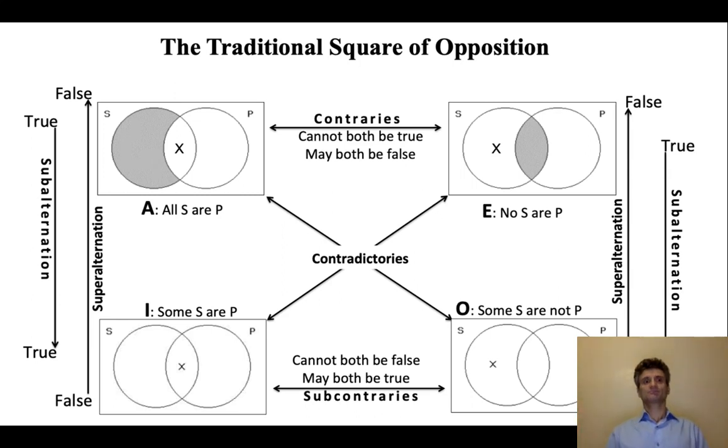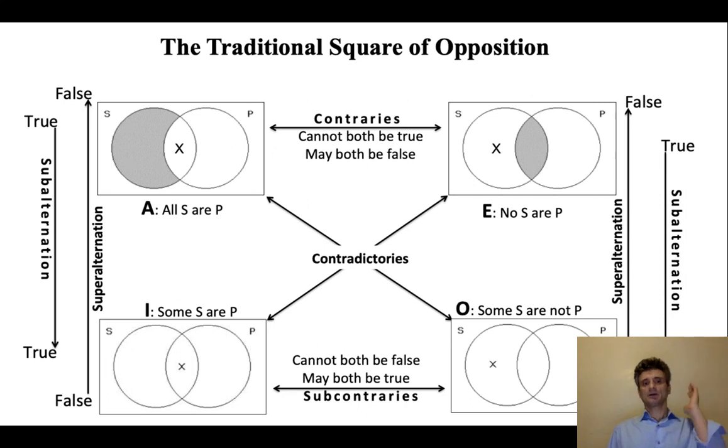Here is, ta-da, the traditional square of opposition. Now, in the exam, I might ask you to draw the square of opposition and list all the relationships. And you should be able to do it because it's very easy.